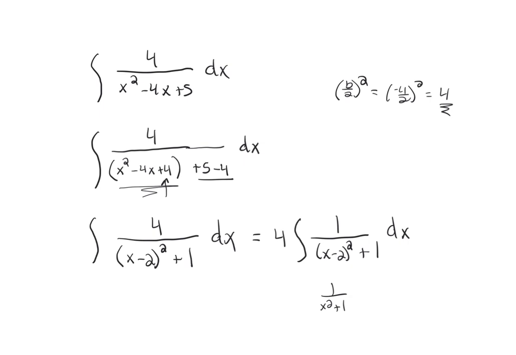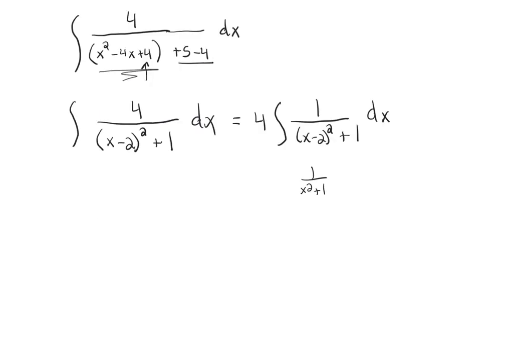So if you do u substitution, so if we say that u is x minus 2, and then when you take the derivative, you just get 1, this is an easy one. So if you don't have a leading coefficient, really we can just plug this into the inverse tan. So antiderivative of this would be 4 times the inverse tan of x minus 2 plus c. And there we have it.